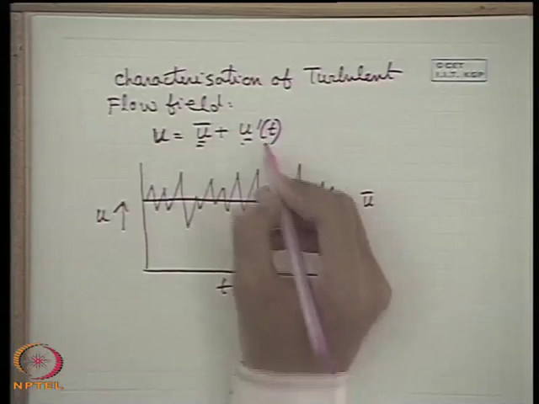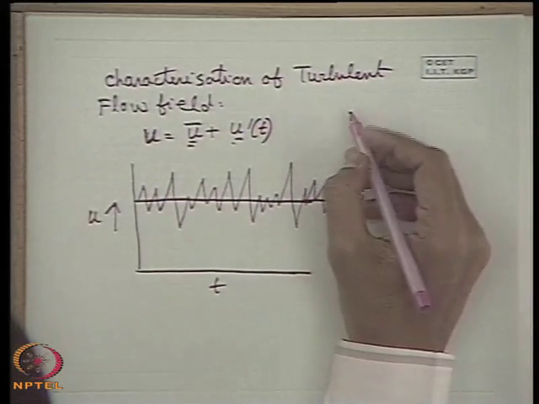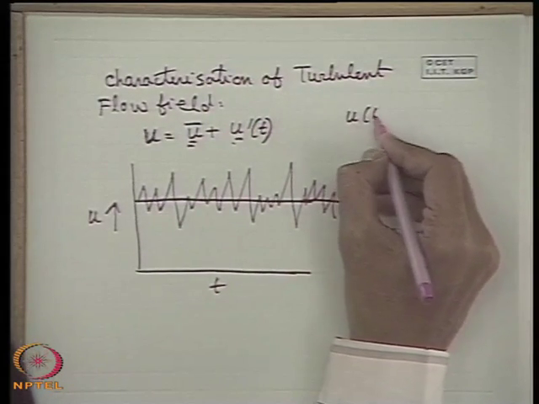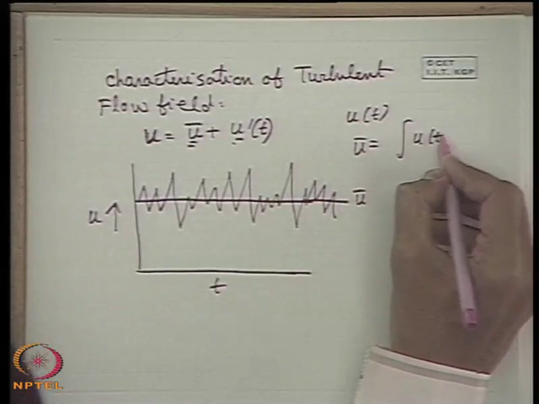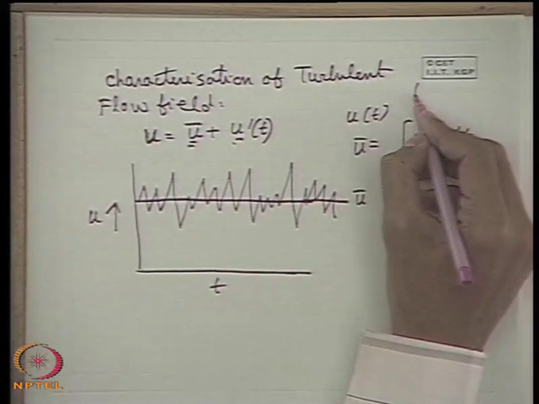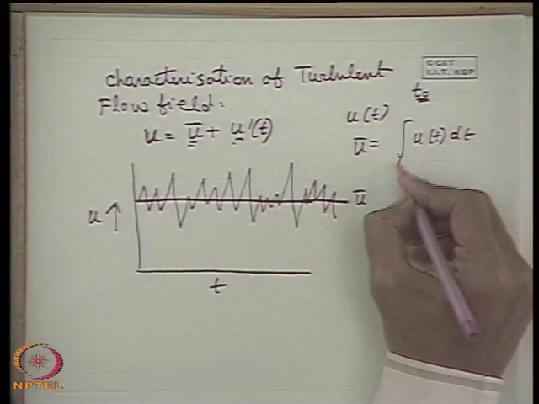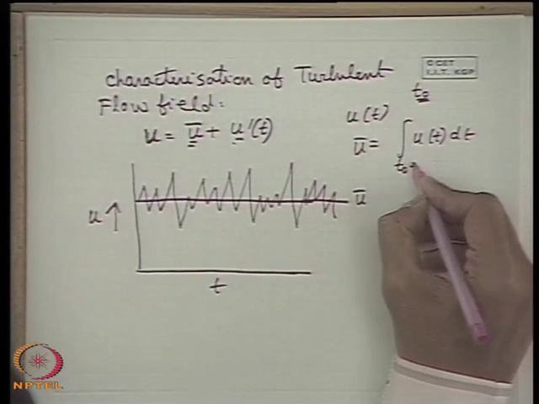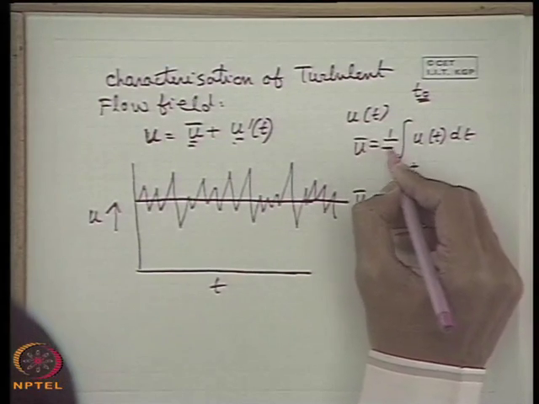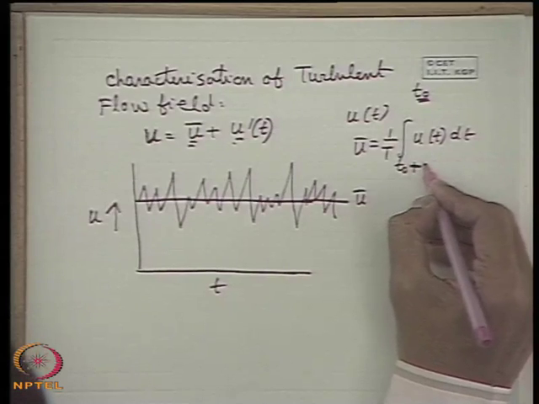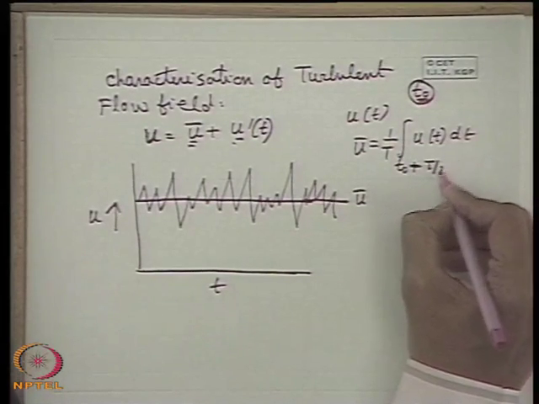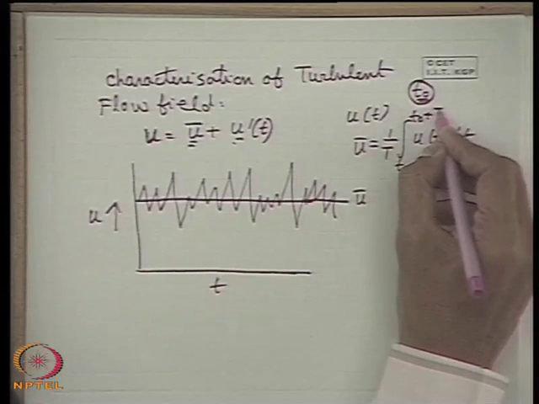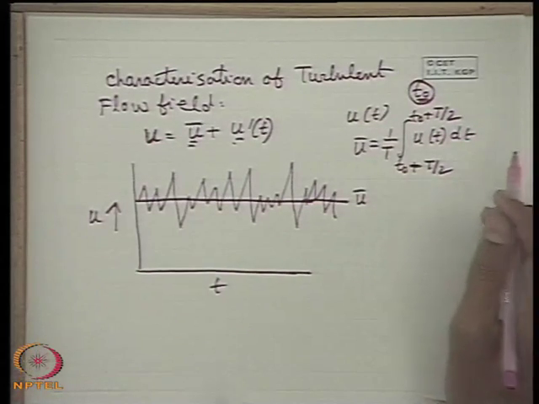This is a function of t. The value of the mean is defined like this. U is a function of t. If we start our investigation at any time t0, then over a time period T around t0, from t0 minus T by 2 to t0 plus T by 2, we can find the mean.